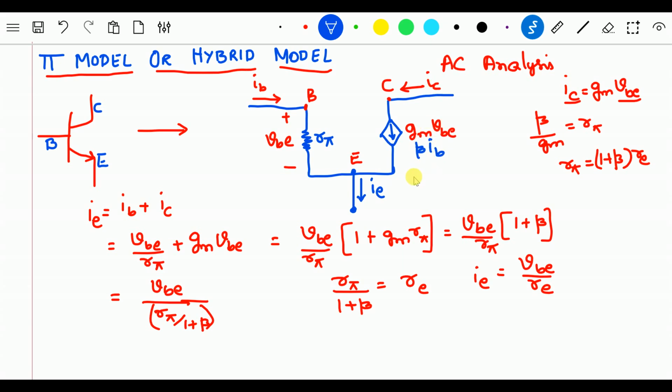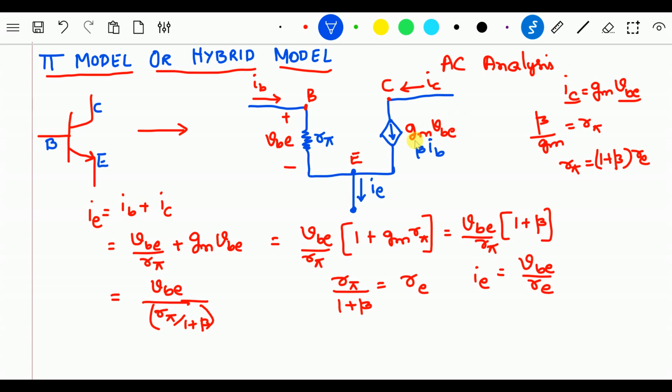So either you can write GM into VBE in the pi model, or you can write the current source value as beta times IB. If you write beta times IB, IC will be dependent on the base current IB, whereas if you write GM into VBE, the collector current will be dependent on the base emitter voltage VBE. So this is the pi model, or the hybrid pi model, of a BJT transistor.